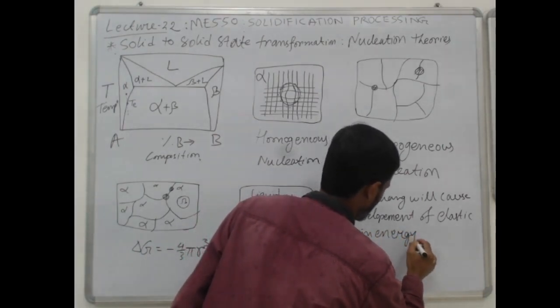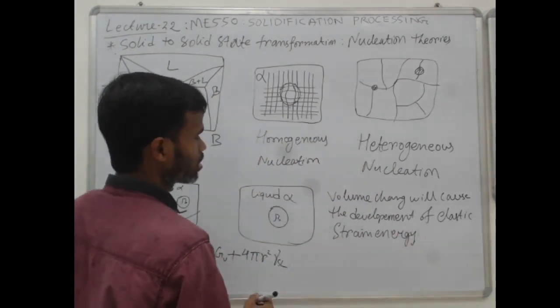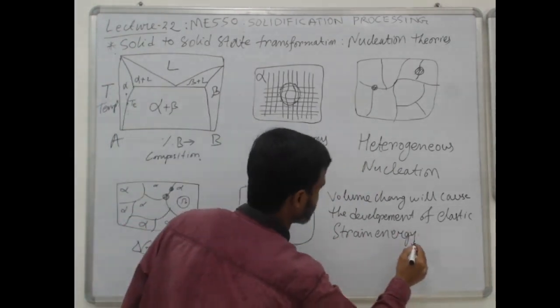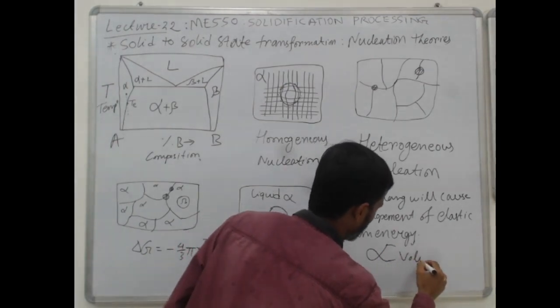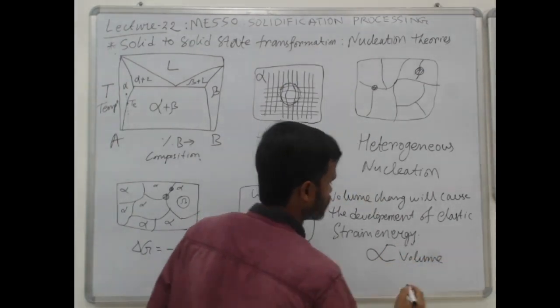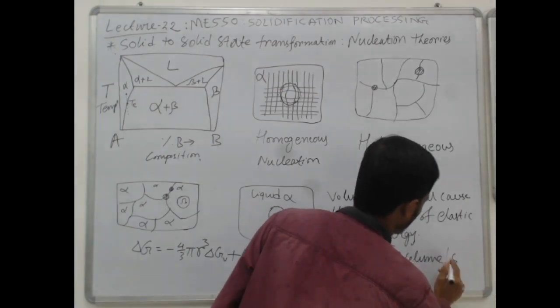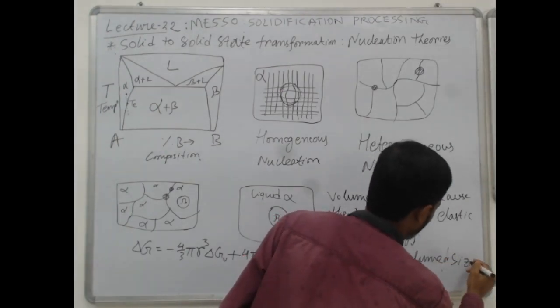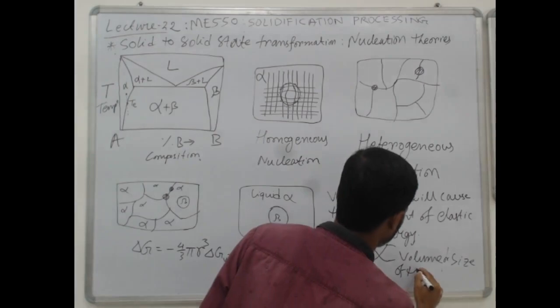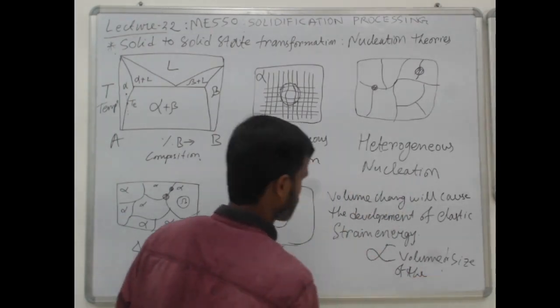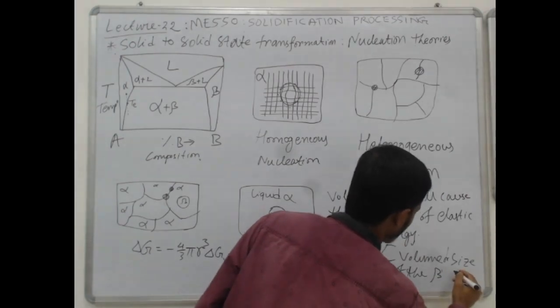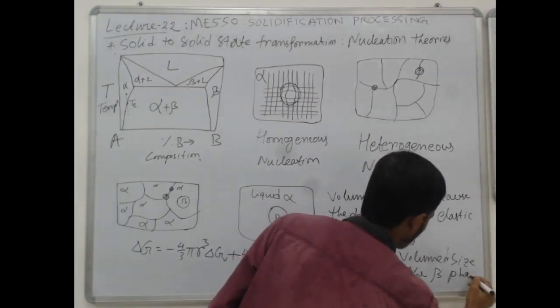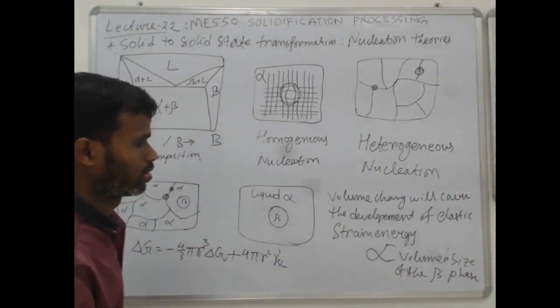This elastic strain energy will be proportional to the volume, the size of the beta or solid phase. So we call it beta phase here.